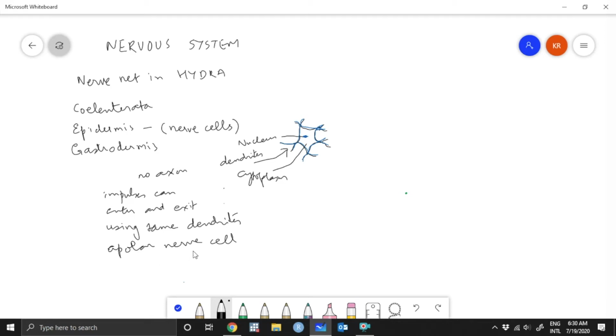Now, all these kinds of nerve cells, they are found on Hydra.